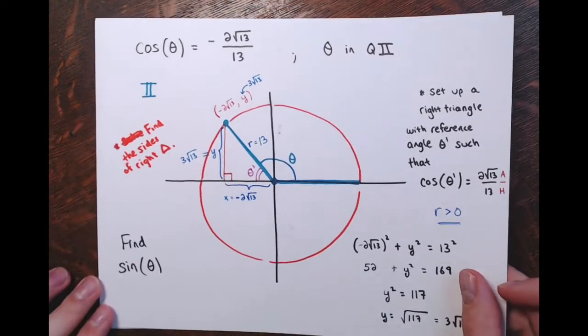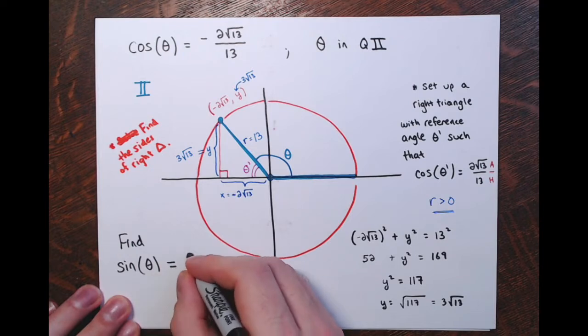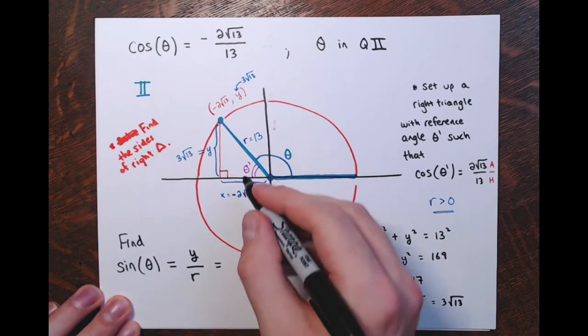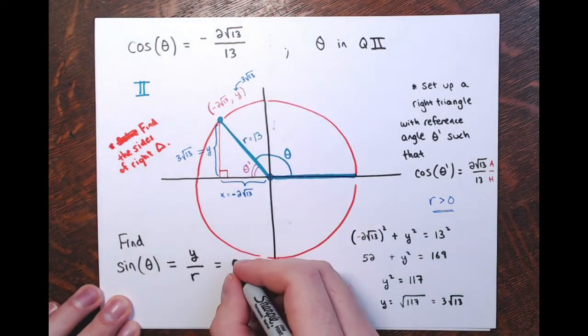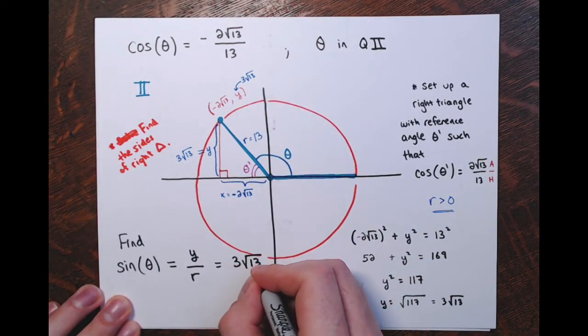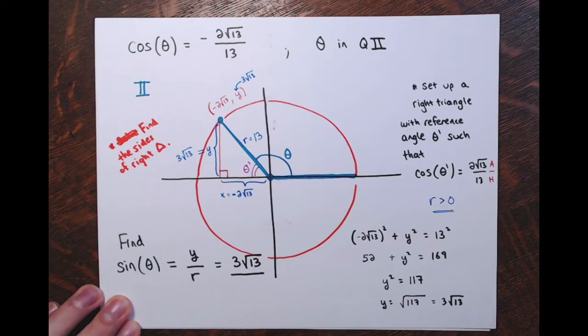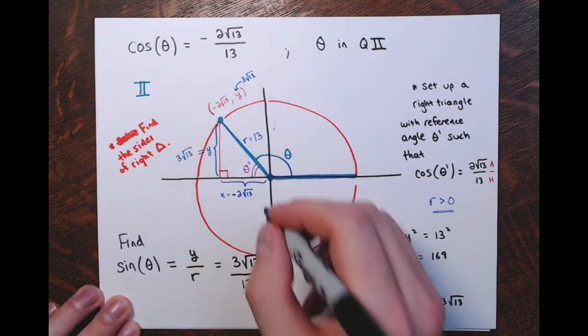So I'll write that here again. It's the y coordinate divided by the radius, which I have. The y coordinate of this point I found is 3 times the square root of 13, or the square root of 117. I think it'll take that as well. Divided by the radius 13, the radius of this circle.